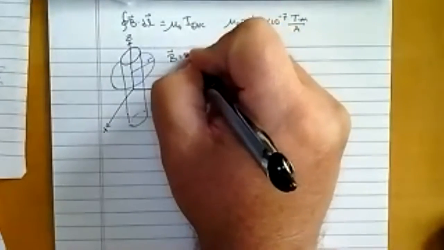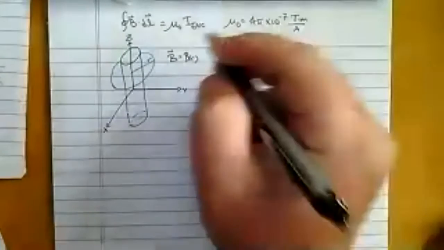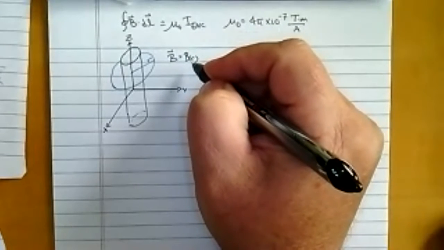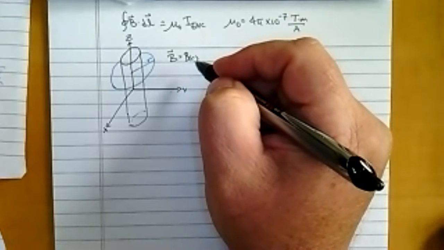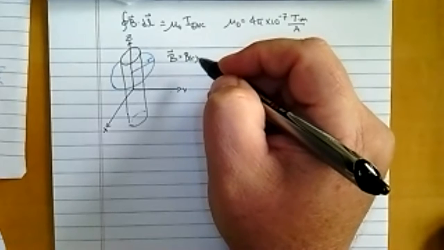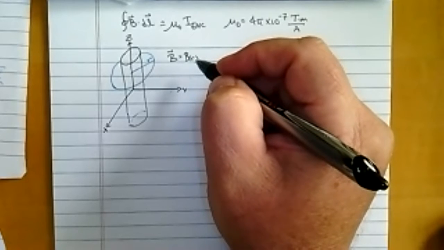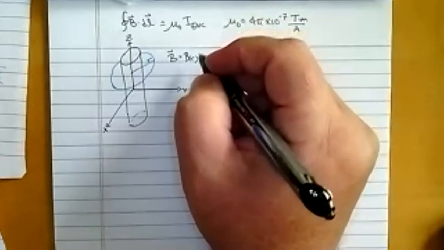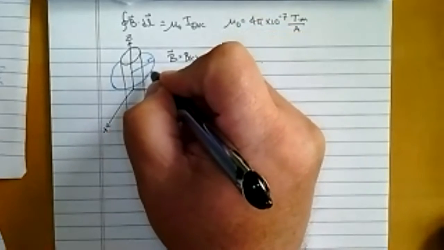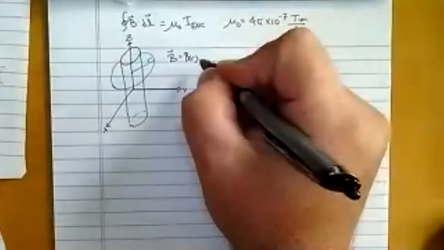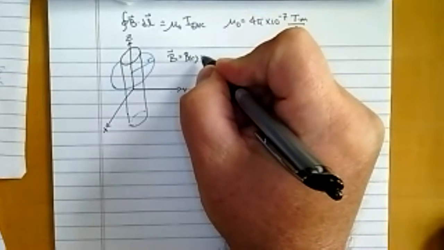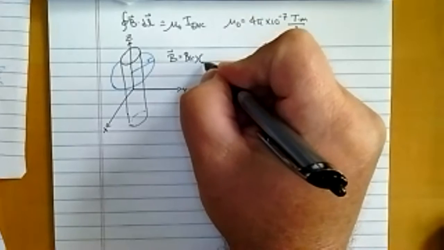So I'm just going to call it B of r, letting you know that it may or may not depend on r, but I'm certain it's not going to depend on theta, which is another one of the cylindrical, or in this case cylindrical, but if you're in 2 dimensions, you call it polar coordinates. And I'm going to say its direction is actually in the same direction as theta increases. So it turns out there's actually a unit vector associated with theta, and it's called theta hat.